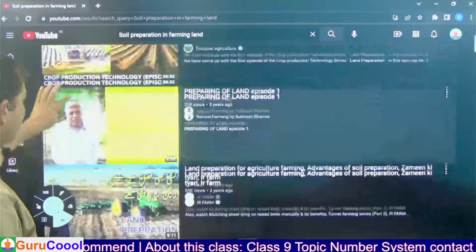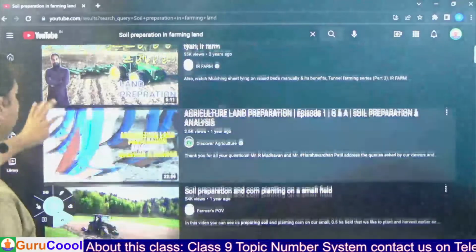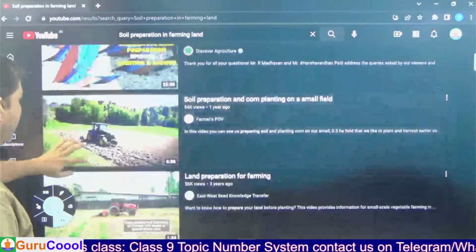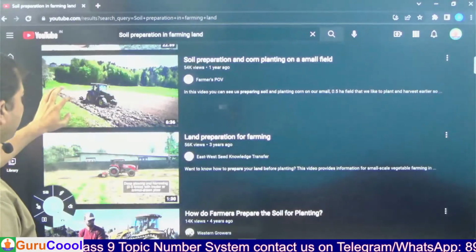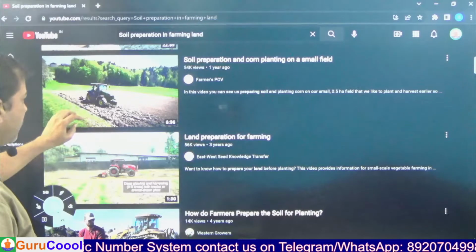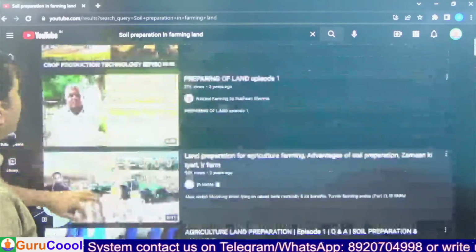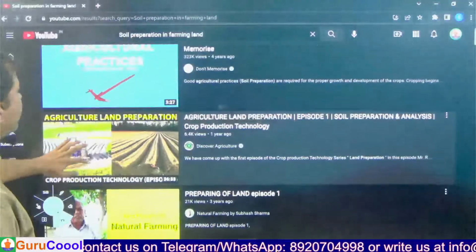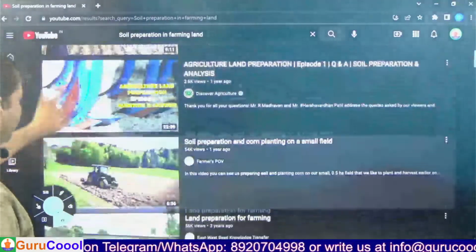This also is done in various processes. One may be manual, like using very small machine called plow. Have you seen plow? Yes, sir. You showed him video also.